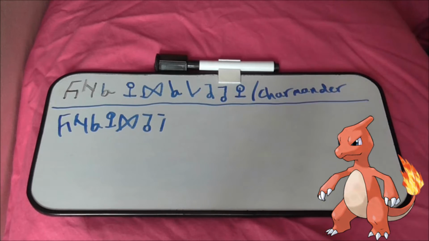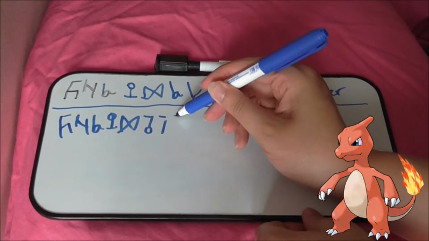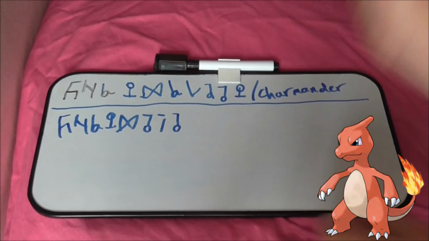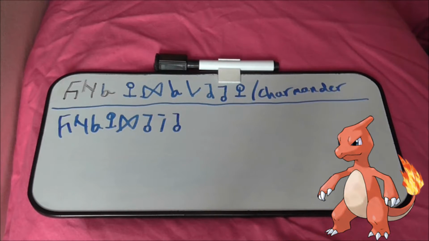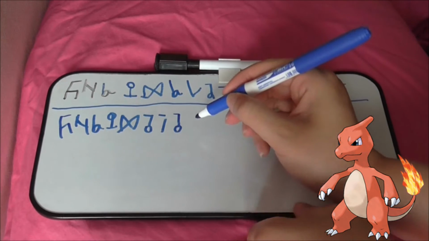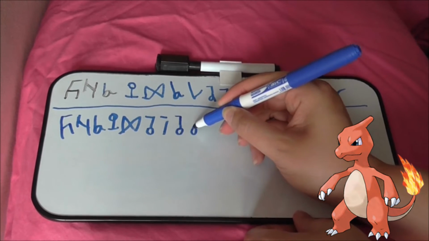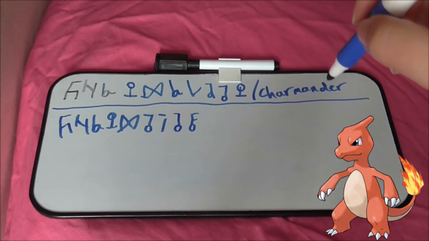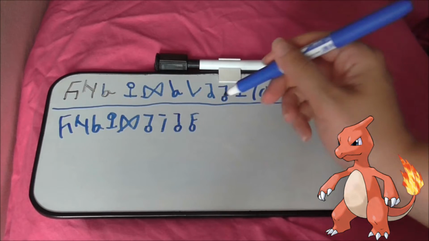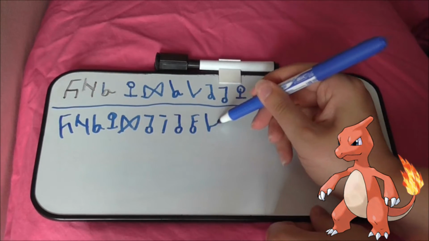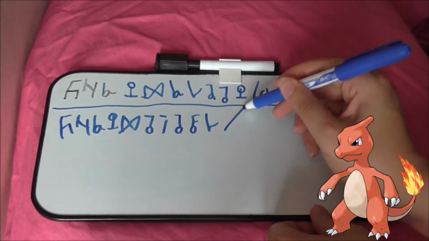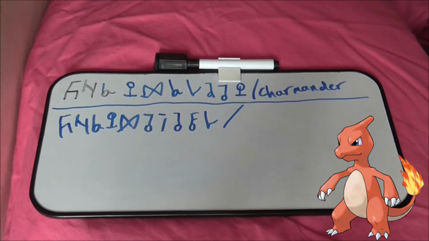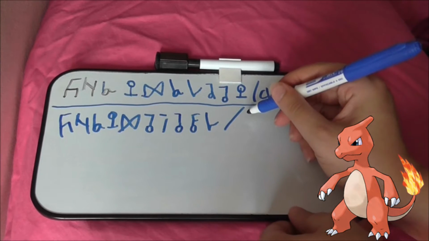Then another E. Then a O. That's another letter we don't see often. And then a N. There we go. Charmeleon. Spell it Romanized.